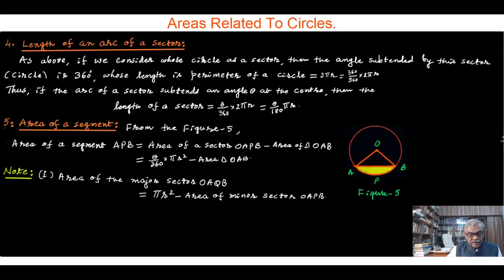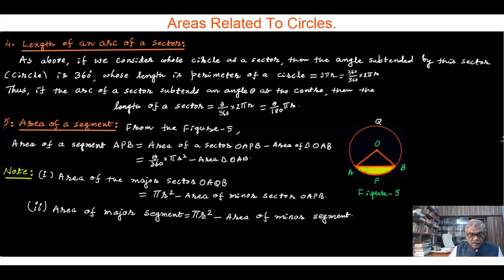Note further that the area of a major sector OAQB, let us say this is Q, is equal to pi r squared minus the area of the minor sector, and also the area of the major segment is equal to pi r squared minus the area of the minor segment.